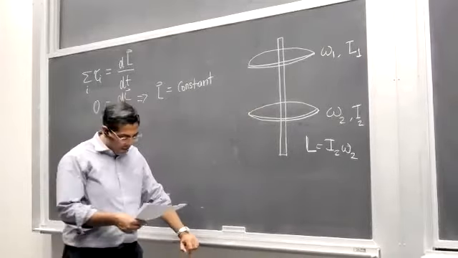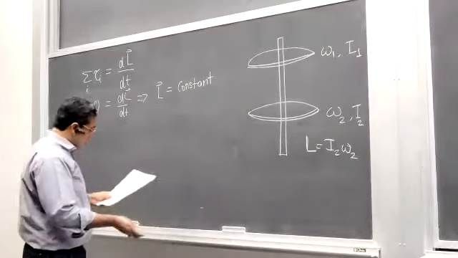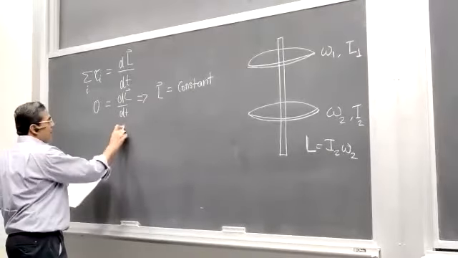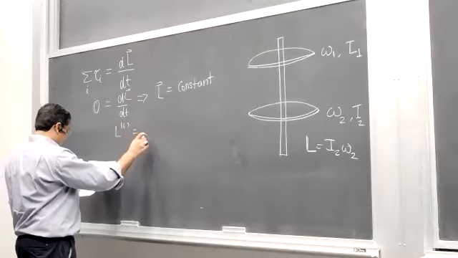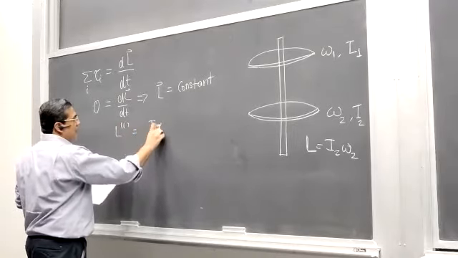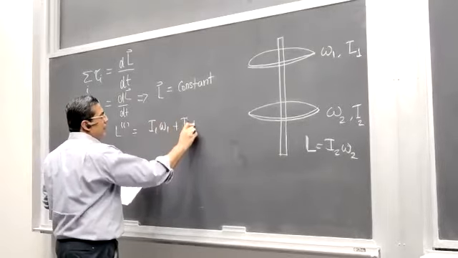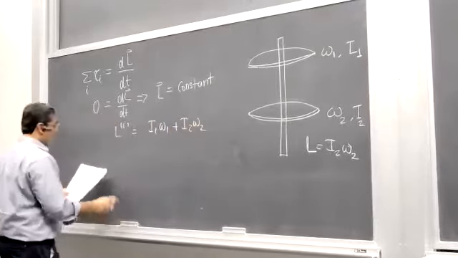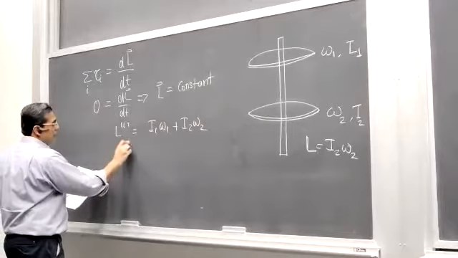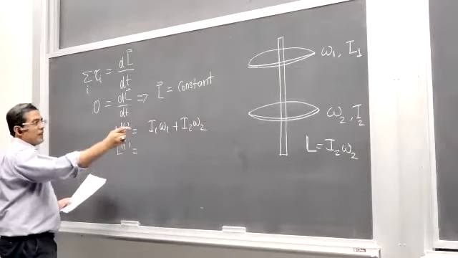If that happens, then the initial angular momentum, Li, is nothing but I1 omega 1 plus I2 omega 2. And what would be the final angular momentum in this case?